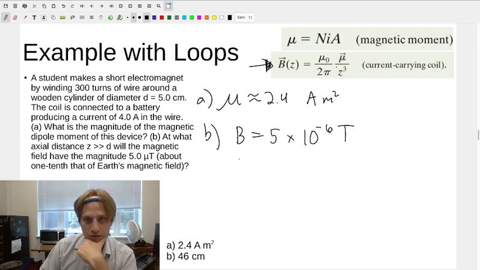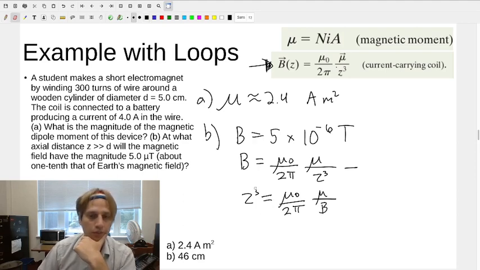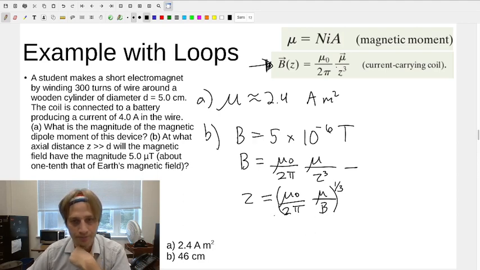So B equals mu naught over 2 pi times mu over z cubed. Solving for z, z cubed equals mu naught over 2 pi times mu over B. Then I can take the cube root of each side.